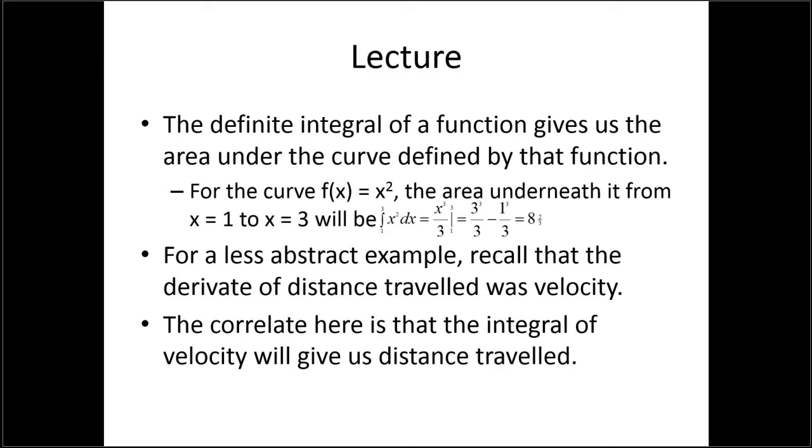So if we had the velocity, 100 minus 32t, and we wanted to find the exact spot of it, we would take the integral of that. So that would be 100t minus 16t squared. It lets us go back and forth, which is the nice thing about derivatives and integrals.